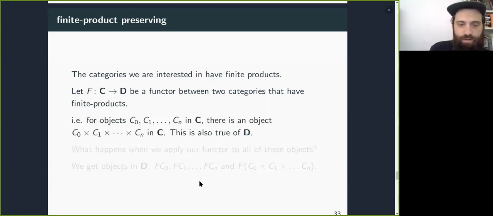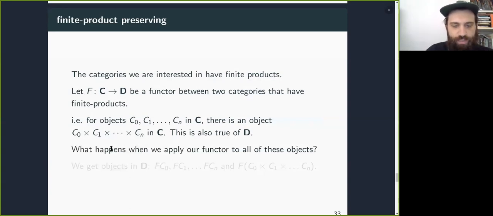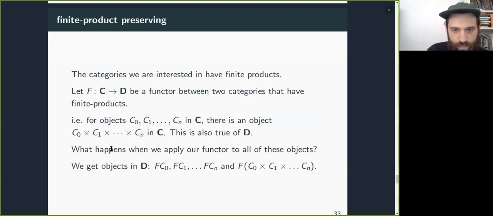That means, given any list of objects C0 through Cn in our category C, I can take their product, and that's another object in big C. I can also take lists of objects in D and multiply them all together to get a new object in D. Since our functor takes objects in C to objects in D, let's see what happens when we apply our functor to C0 through Cn and also to the product. This will give us a new list of objects, F of C0, F of C1, and so on, and also an image for the product.